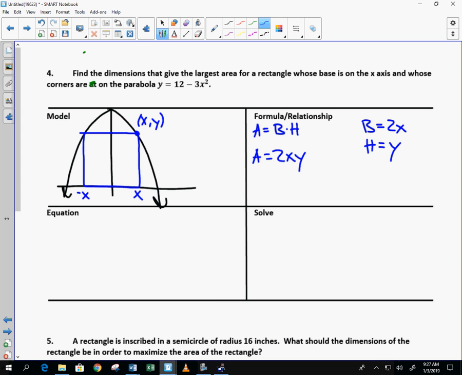What is y? Y is 12 minus 3x squared. So area is 2x times 12 minus 3x squared, or the area is 24x minus 6x cubed.